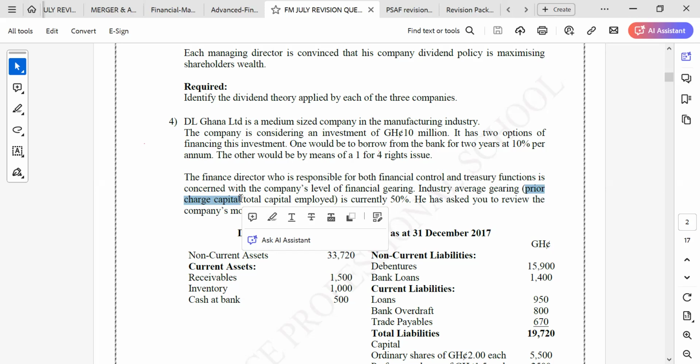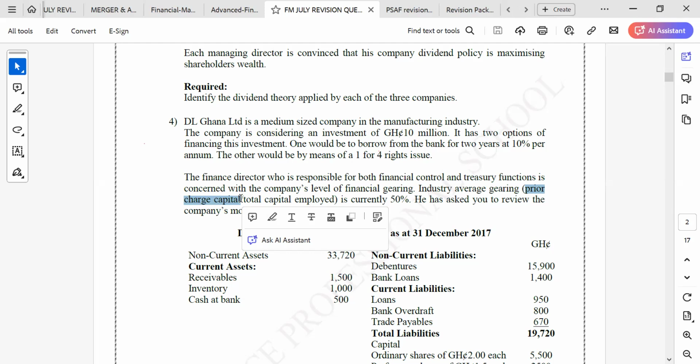A long-term debt that carries what? A fixed charge. So preference shares, debentures, bank overdrafts, any interest-bearing instrument that is classified as a long-term debt or a non-current liability. That is what we call prior charge capital.